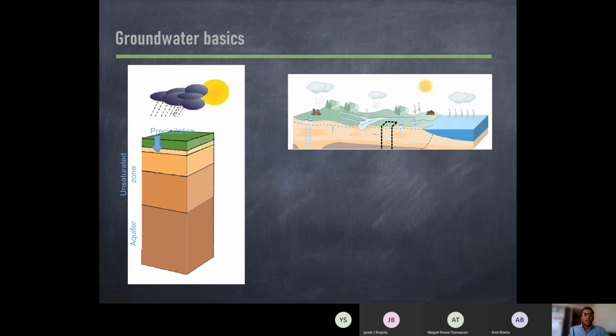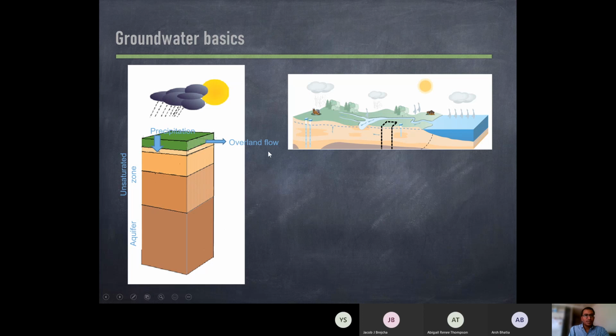Okay. So I am going back to the same illustration, and there is another illustration I am showing on the left. So if it precipitates, the saturated zone, which is equivalent to the aquifer, and there is the unsaturated zone. What happens?